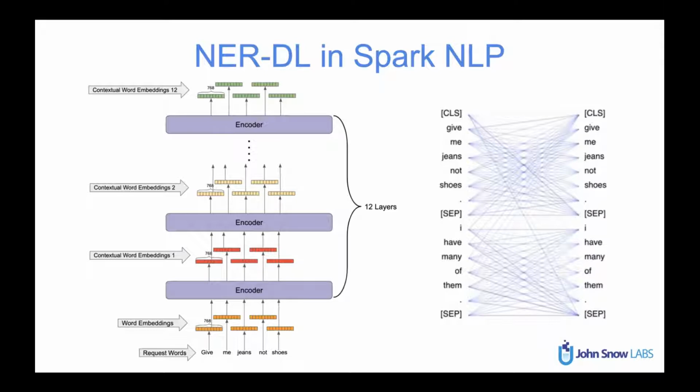For GloVe, for example, every word in the vocabulary gets the same vector, but in BERT, the vector representation of a word depends on the other words around it, like the sentence. That's why we use the sentence and the tokens inside the same annotator.